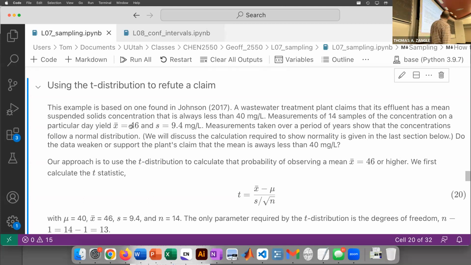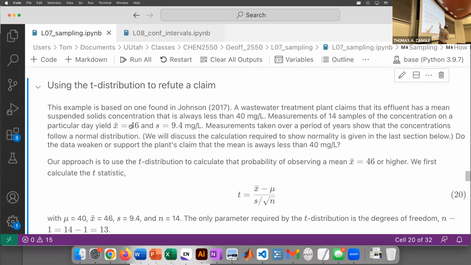So it's possible that our set of measurements just happened to be on the high side of the values of the amount of effluent that is being produced by this particular wastewater treatment plant, right? We just had some particularly bad samples or something.